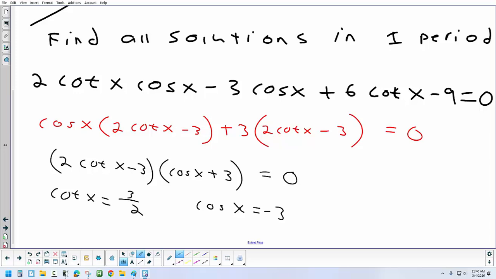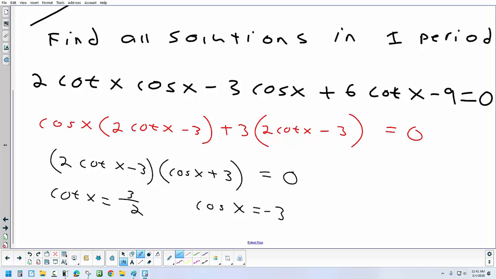Let's start with that second one. What's going to happen when we try to solve cosine x equals negative 3? Cosine x would never be 3.